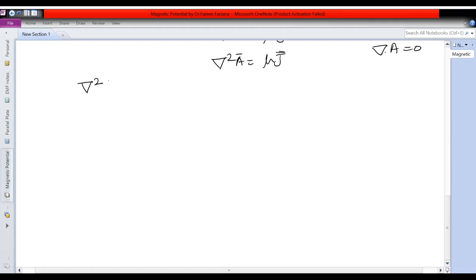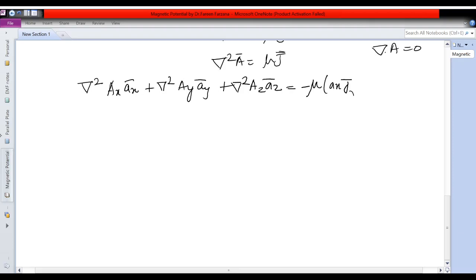So del square AX vector plus del square AY vector plus del square AZ vector is equal to minus mu into AX JX plus AY JY plus AZ JZ.